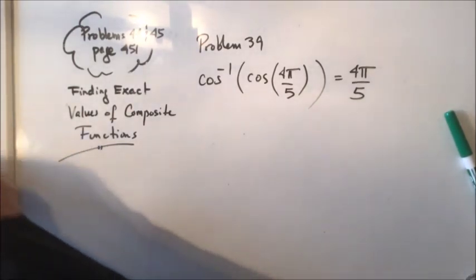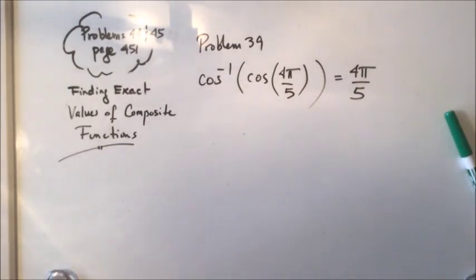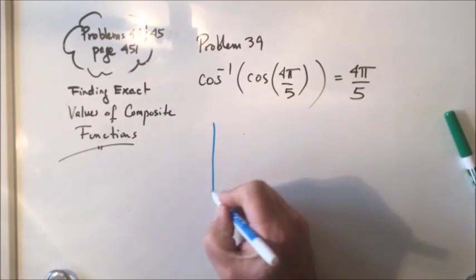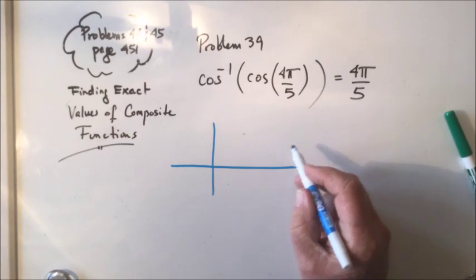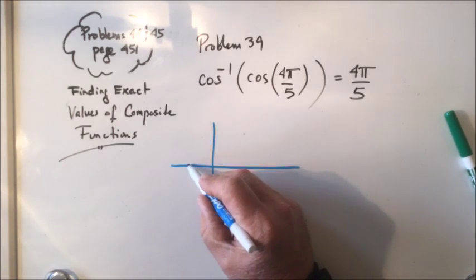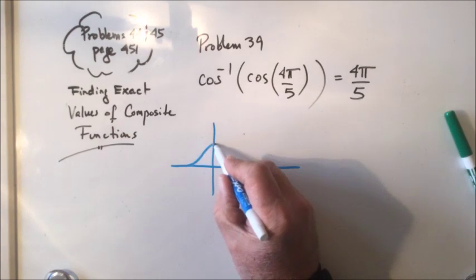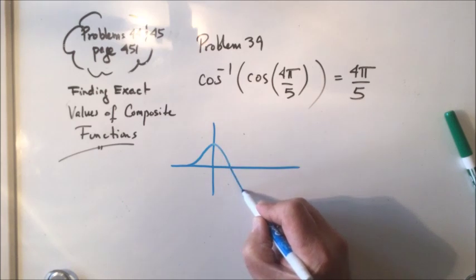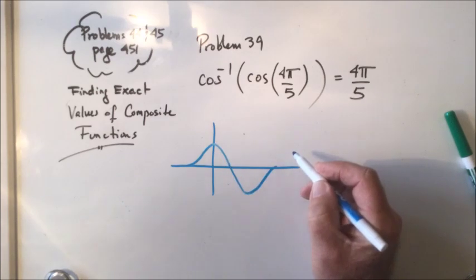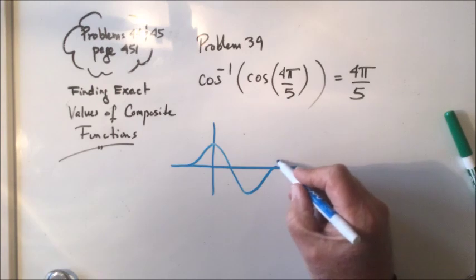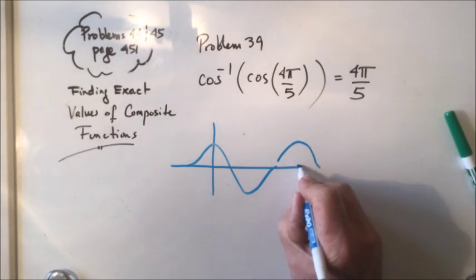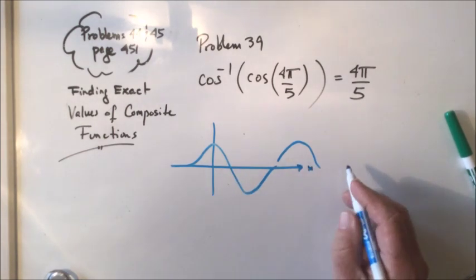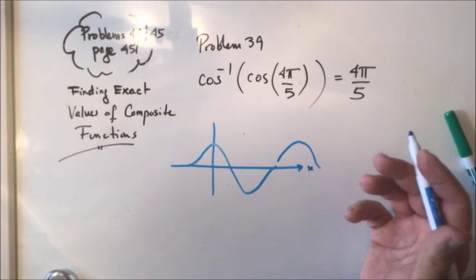And you might remember that when we started to define inverses of trigonometric functions, we probably started with sine, but here's cosine. And we said, yikes, cosine does not in any way, shape, or form pass the horizontal line test. It's not 1 to 1.